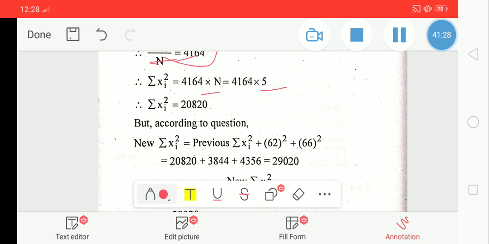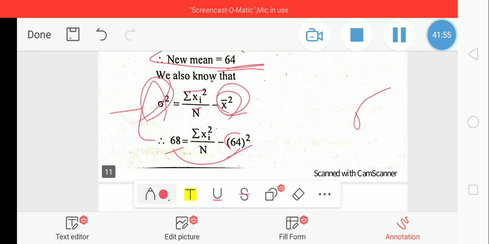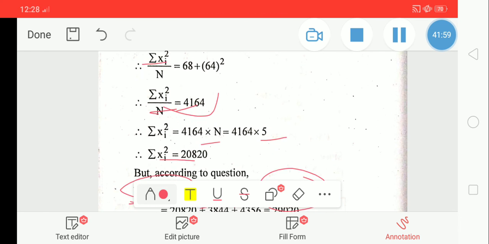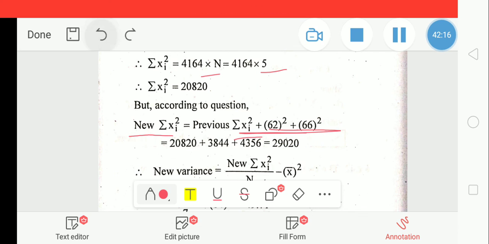But according to the question, the new summation of xi square is equal to the previous summation of xi square plus these two, means we add both. We have to find the new summation of xi whole square. This is old, means we found the summation of xi square for 5 items. Previous plus 2 items added gives the new summation of xi square, that is 29,020.